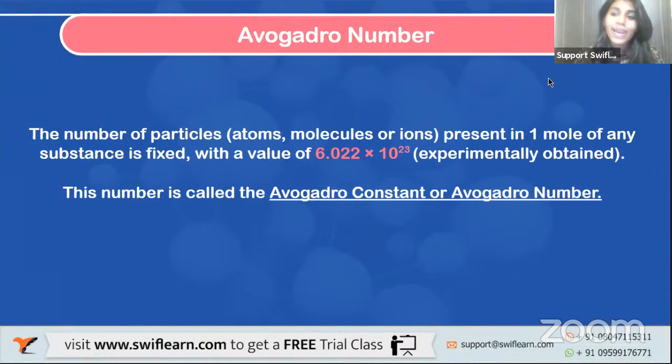If I am telling you 1 mole of oxygen, that means 6.022 into 10 raised to 23 oxygen atoms. And 1 mole of helium means it has 6.022 into 10 raised to 23 atoms.